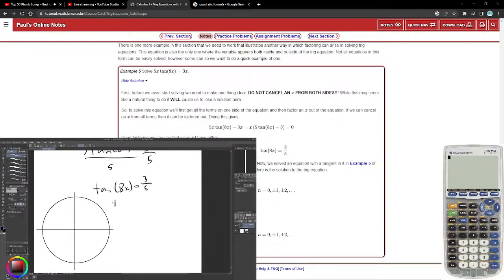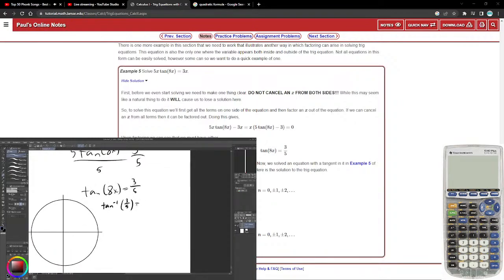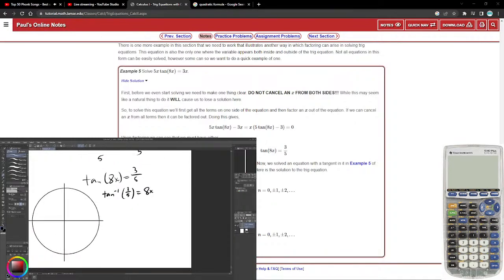So inverse tan of 3/5 equals 8x. 8x equals 0.5404.